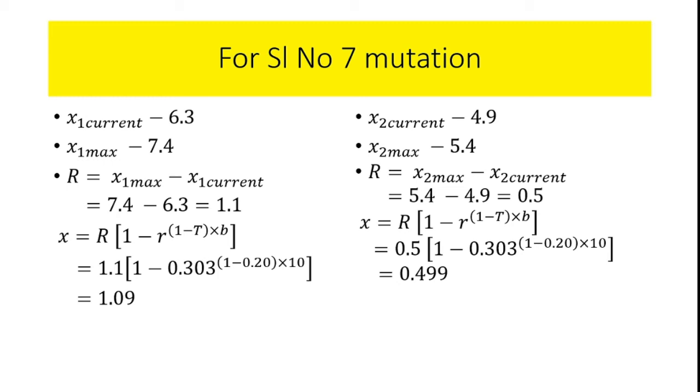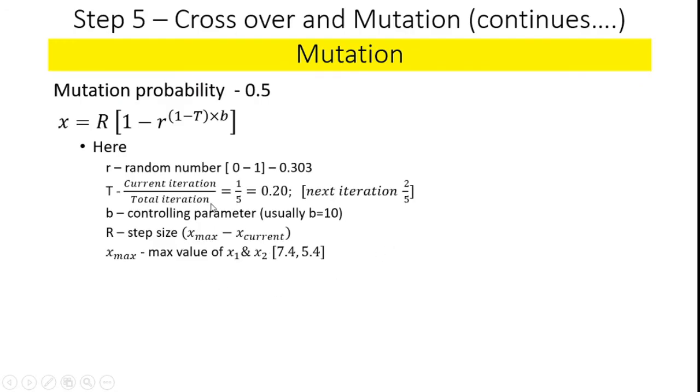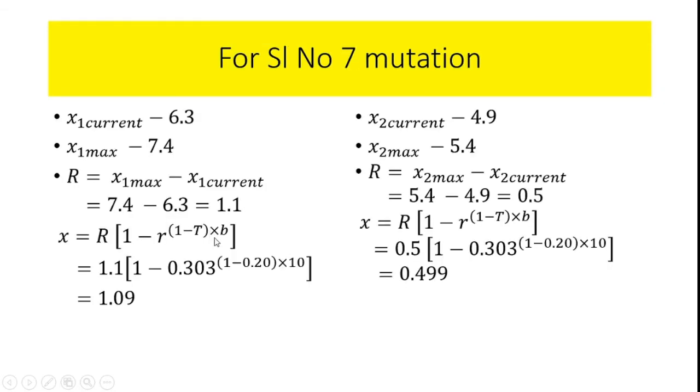Here 1 minus t, capital T is the current iteration divided by total iteration. For this problem, I consider 5 iterations, so 1 divided by 5. From that, I got 0.20 into b. The b value is usually considered for this problem as 10, so I substitute 10. From this, I got 1.09.